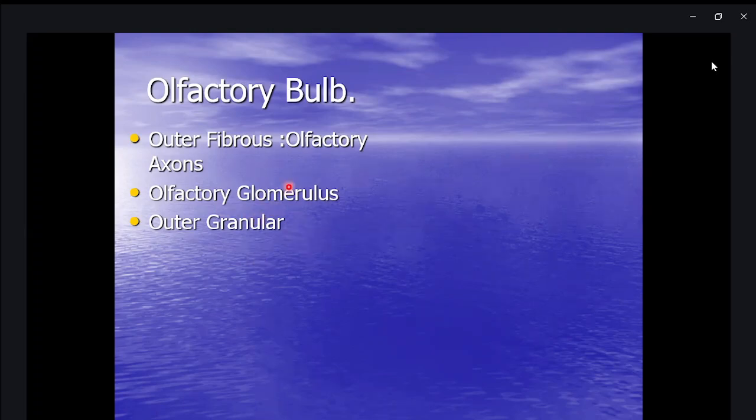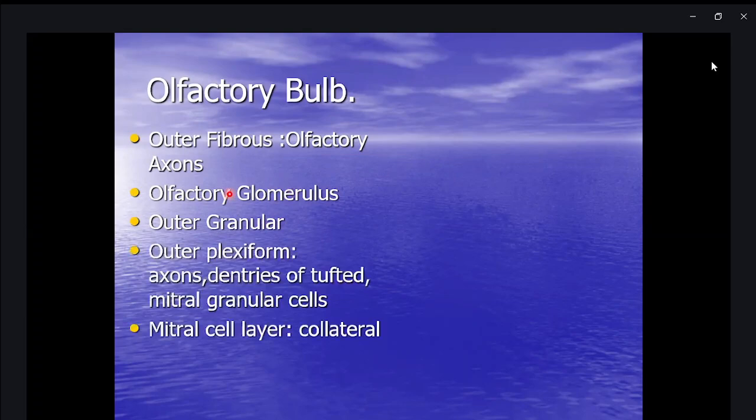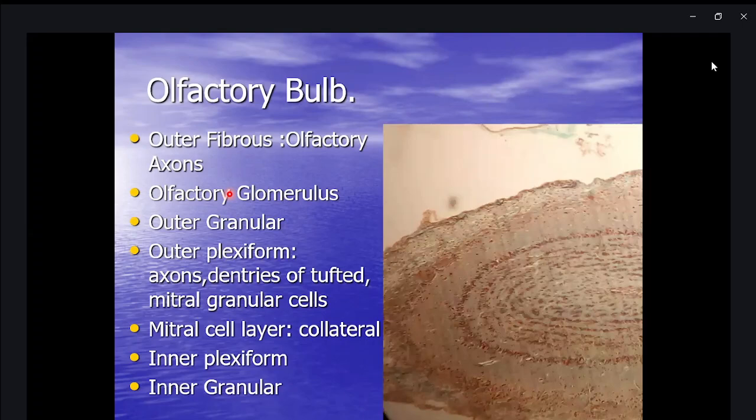The area where the synapse occurs is referred to as the olfactory glomerulus. The main cells of the olfactory bulb are mitral cells and tufted cells.